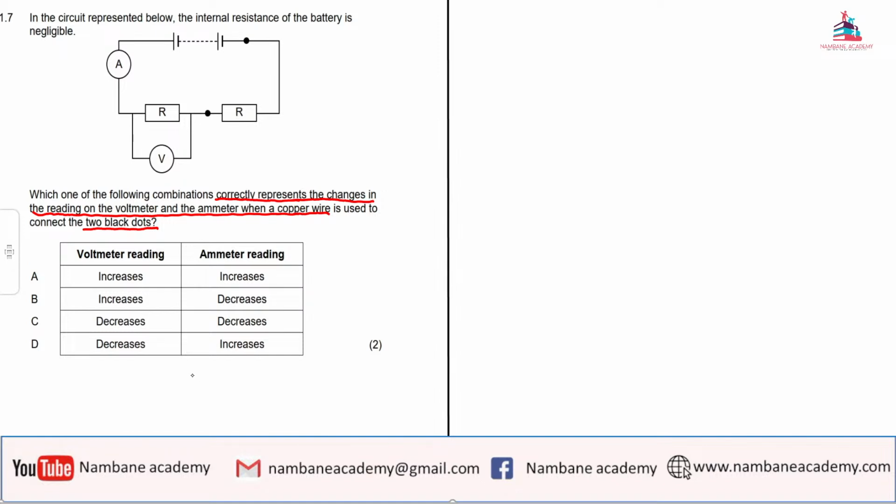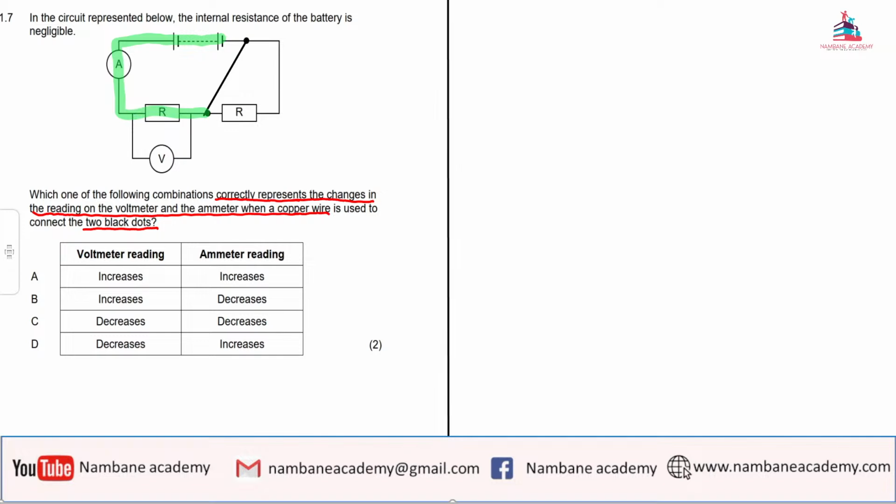Let's have a line. And this line must start here and move there. That is what the examiner is saying. So what does that mean? Follow the current path. You did not do that. The current path will flow from there, here, and there.